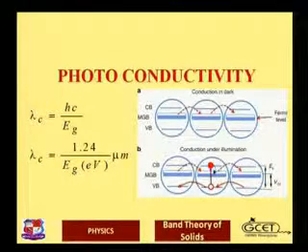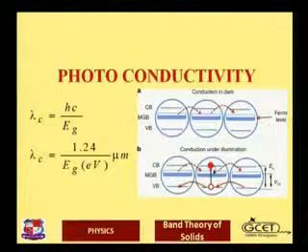What do we mean by the appropriate wavelength or appropriate energy of the photon? The energy should be exactly equal to the energy band gap of the semiconducting material. As we all know, the energy band gap is the difference of the conduction band energy and the valence band energy.